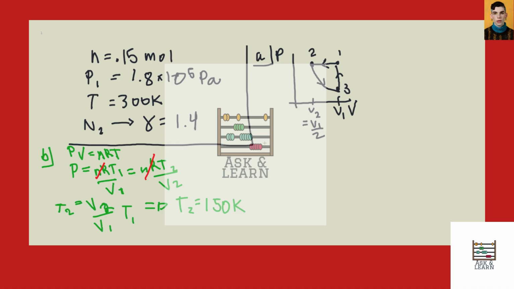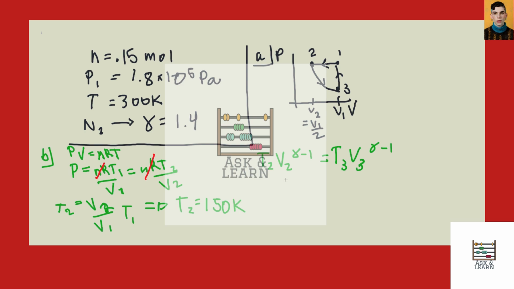To get that, you want to use the equations that relate the different quantities for adiabatic processes. The relevant one is T2 V2 to the gamma minus 1 equals T3 V3 to the gamma minus 1, and that's just from the book on adiabatic processes.